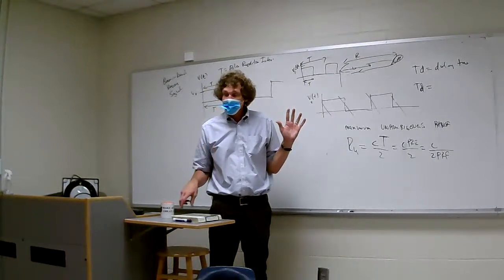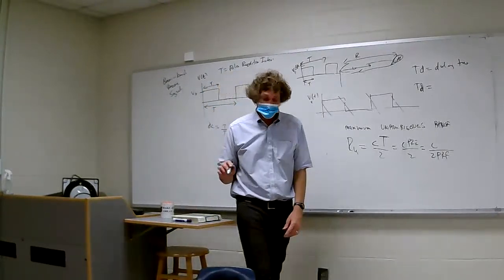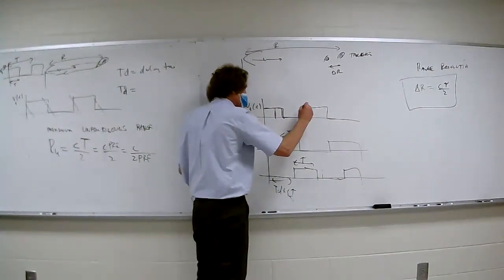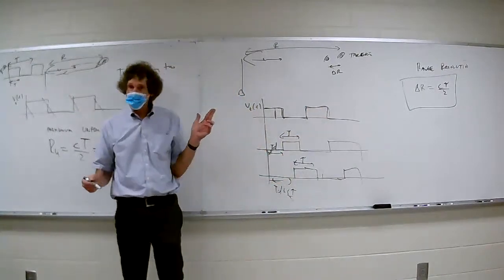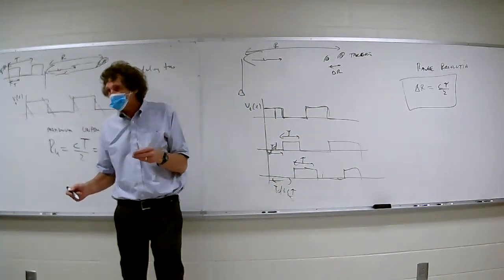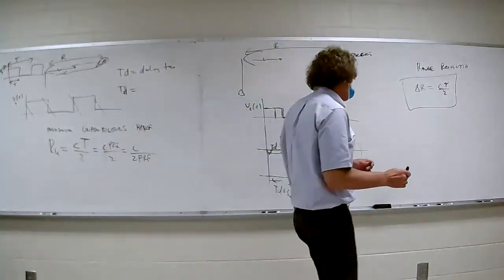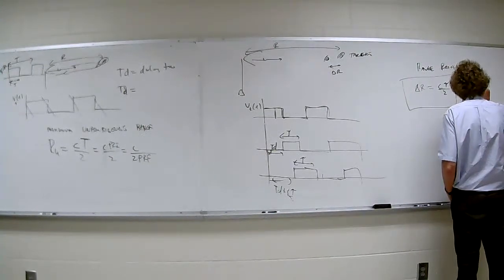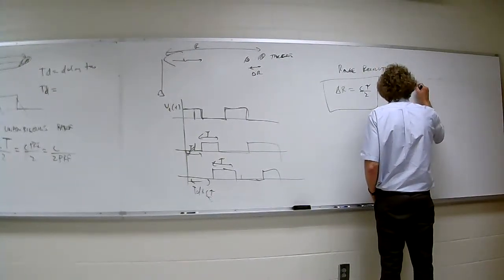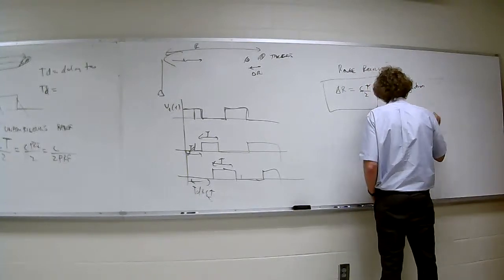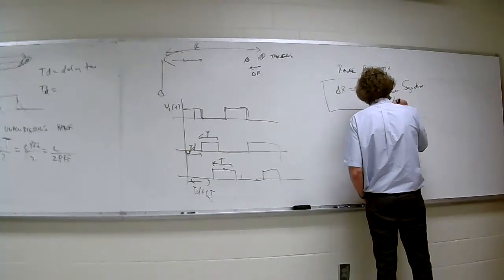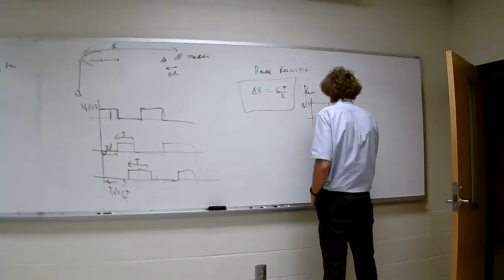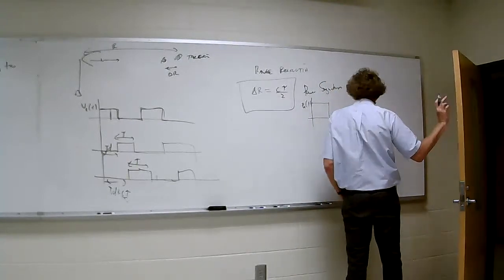Y'all with me? Now, there's one other thing that should make sense to you. When I'm transmitting, if this is the transmitted voltage, the transmitted power should follow that, right? So then we talk about an average power and a peak power. With radar, if we take a look at the power signature, and this is just transmitted power, I'm going to assume we have a power here during the on time, and then it's off.